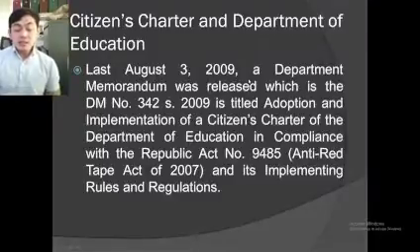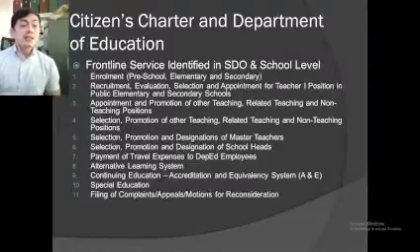In the said memorandum, the identified frontline services of the division and schools are the following.